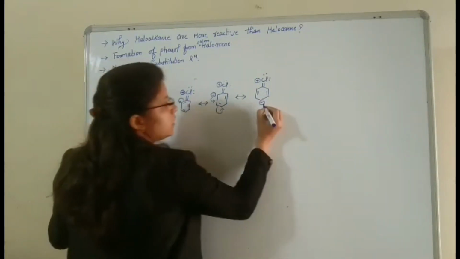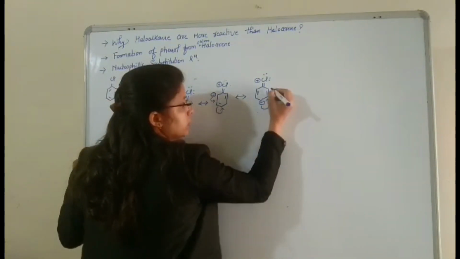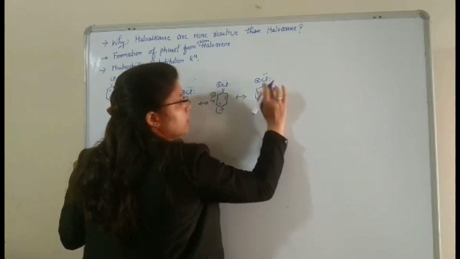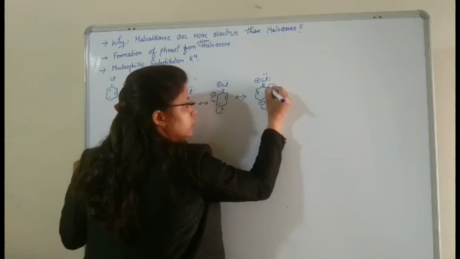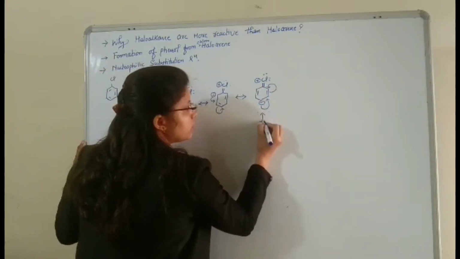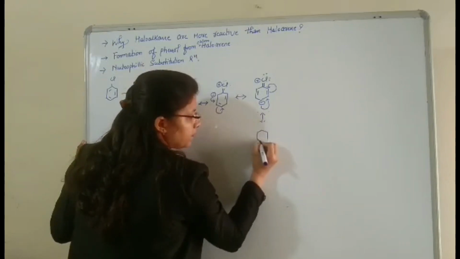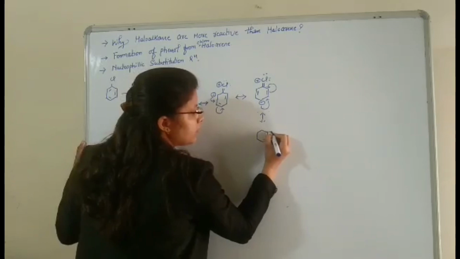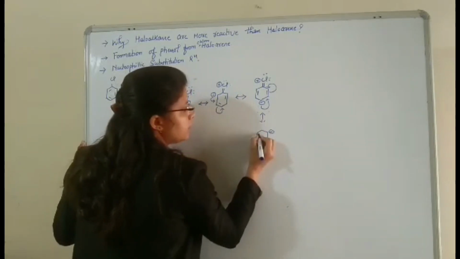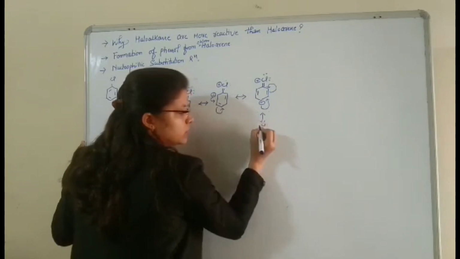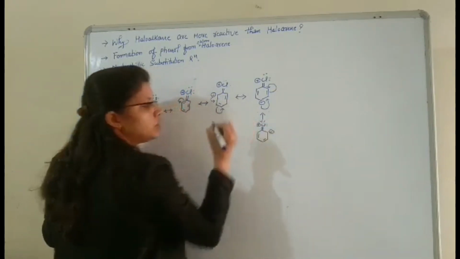Now again, this electron will move here and this electron will shift here, or we can move one step at a time, so it will come on this carbon. So the next resonance structure will be formed in this way. Here a negative charge, here a double bond will form, here a negative charge will form, and again here chlorine has two lone pairs of electrons and one positive charge.